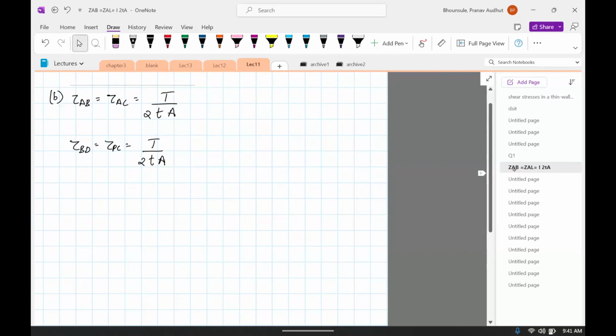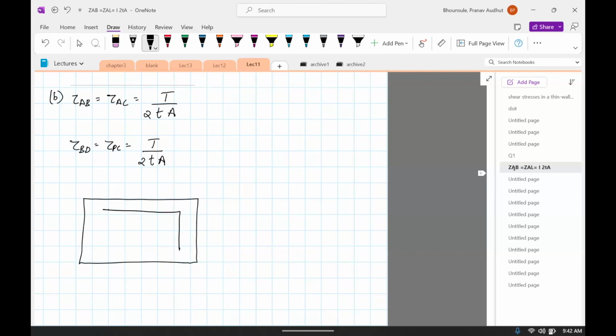So let me redraw that section with the midline. I've drawn it slightly exaggerated to show that it's unequal. And now we need to figure out this area.